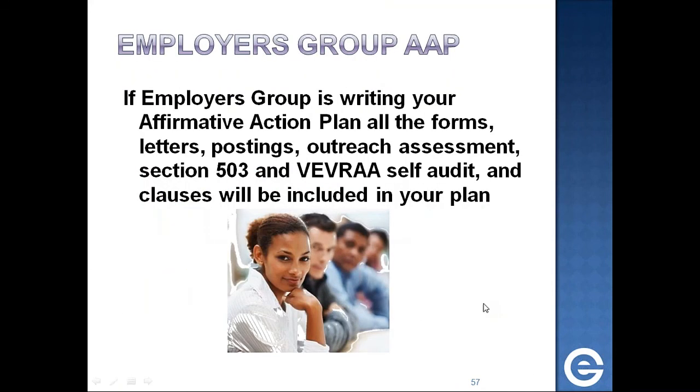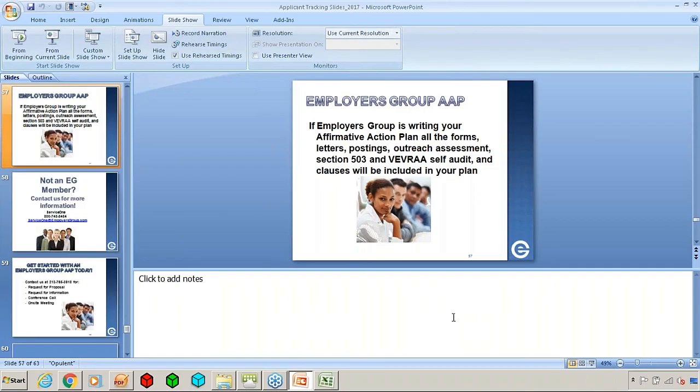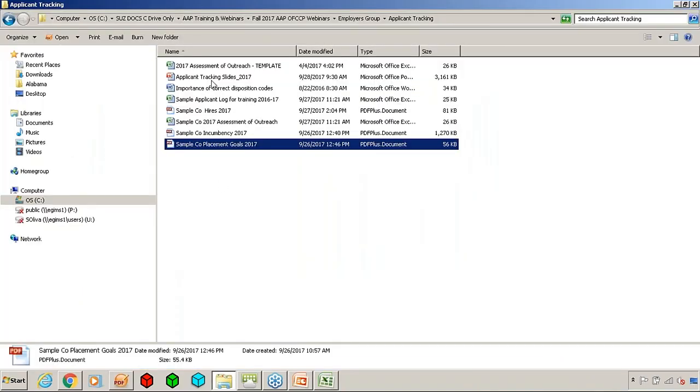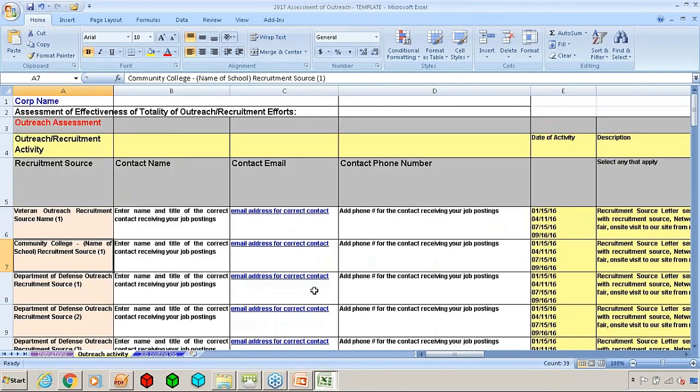We're out of time, but I want to take a look really quickly at the outreach assessment so you can see what it looks like. Okay, so on the left side, what we've done here is we've listed types of recruitment sources that individuals use, and we've included all of them. So this is part of our tool that we will sell to you if we're not writing your plan.